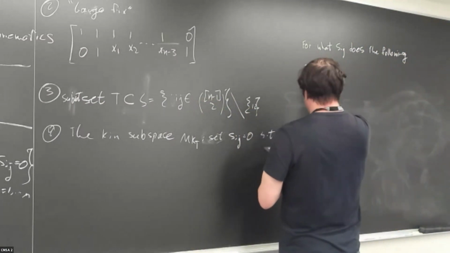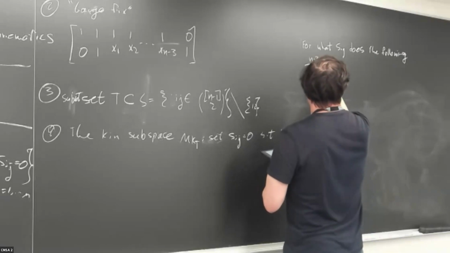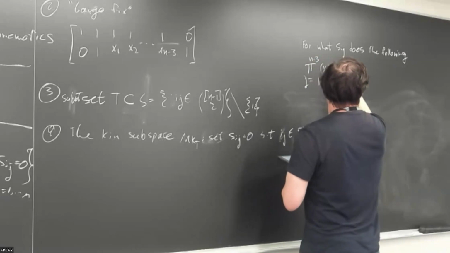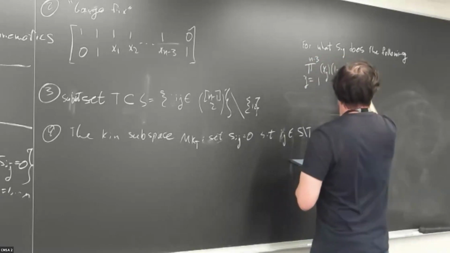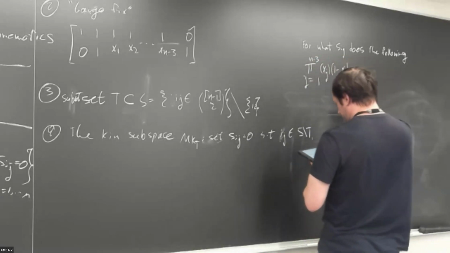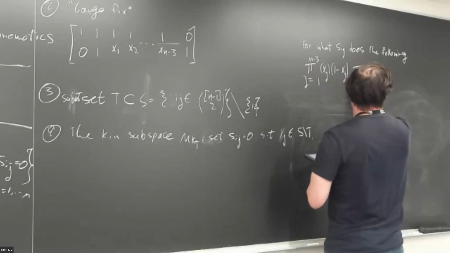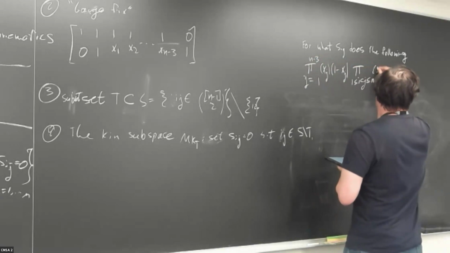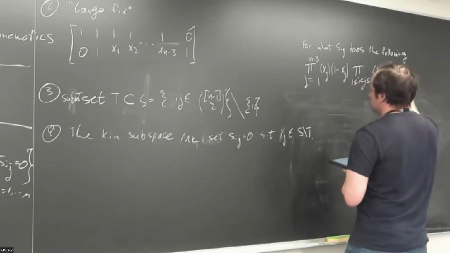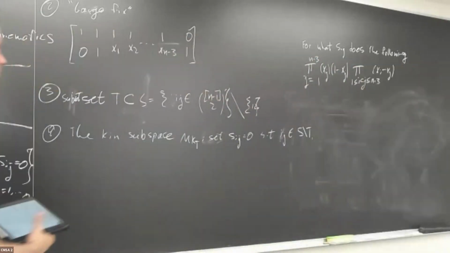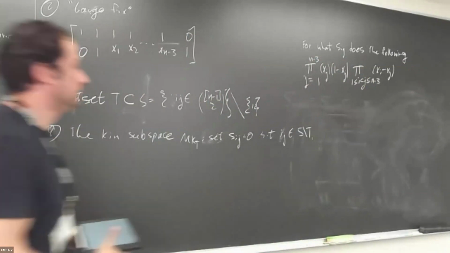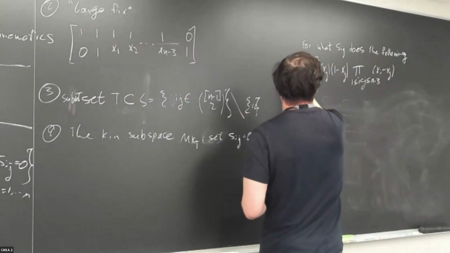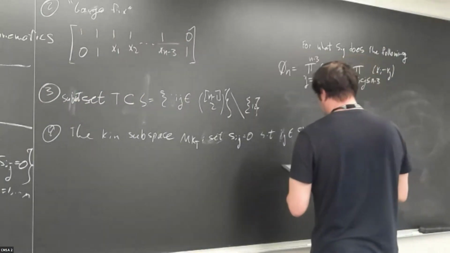The product over j from 1 to n minus 3 of xj times 1 minus xj, times the product over ij of xi minus xj. Notice that these are exactly all of the minors of this matrix. And I'm going to decorate the exponents; I'm going to put some exponents on there as follows.